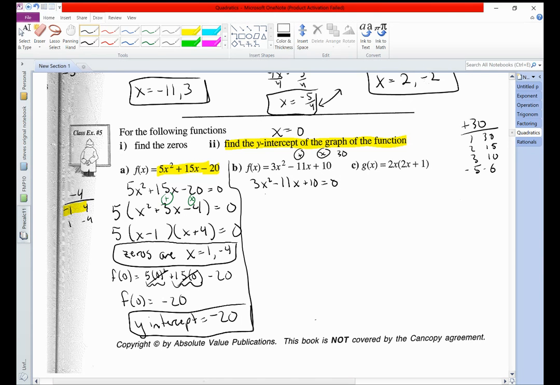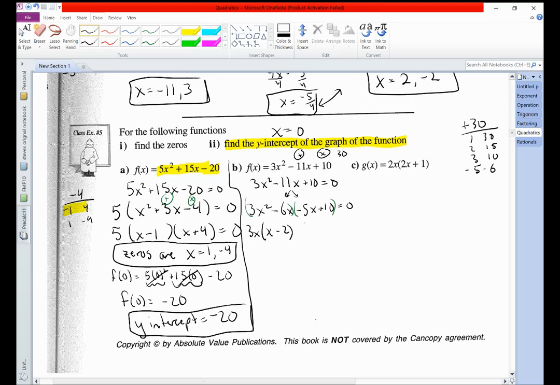So now I can split this term. We're doing our decomposition here. 3x squared minus 6x minus 5x plus 10 is equal to 0. Now we can group and factor. So the largest common factor I can pull out of the first one is going to be 3x, and then I'm left with x minus 2.